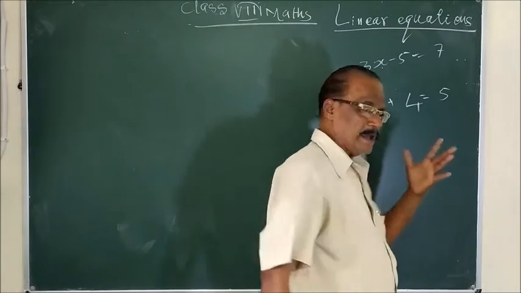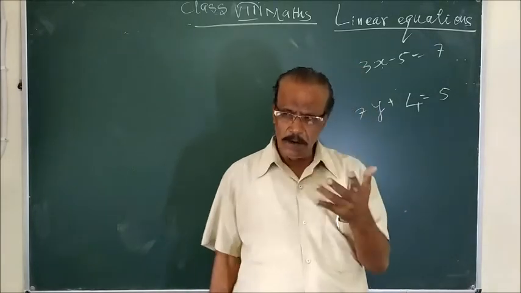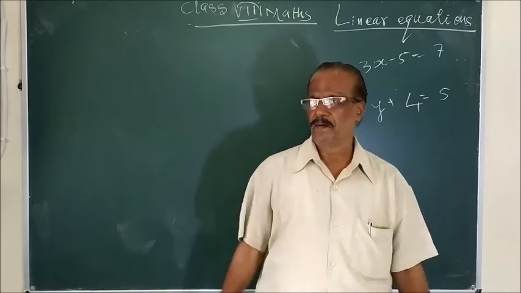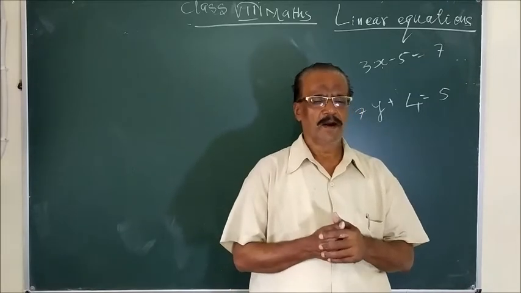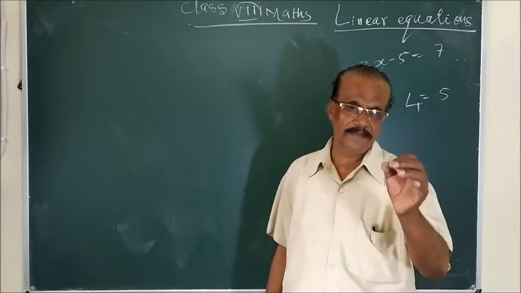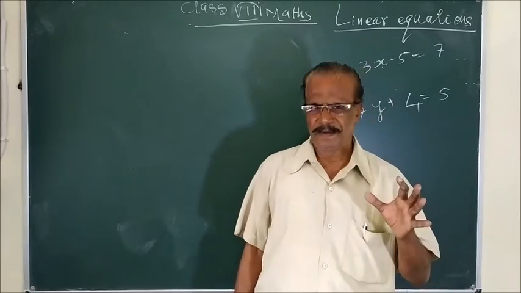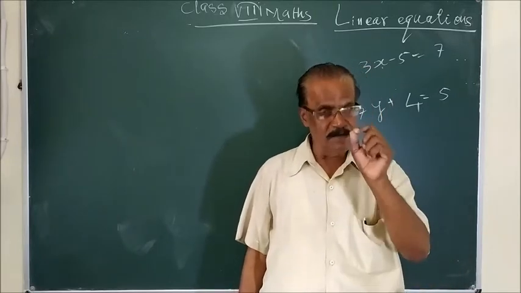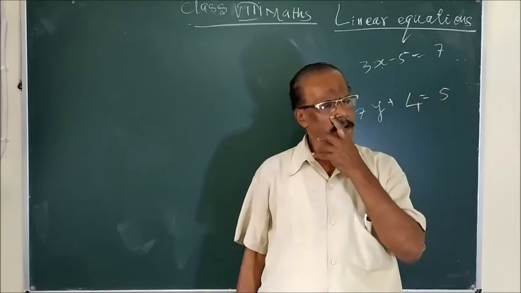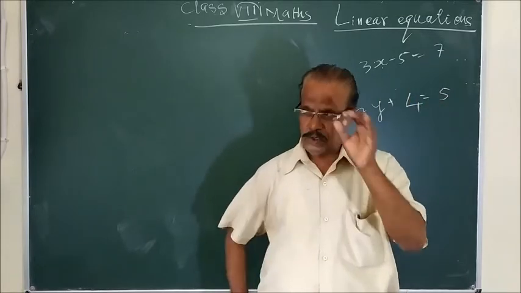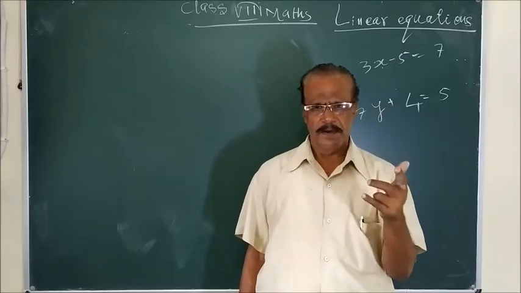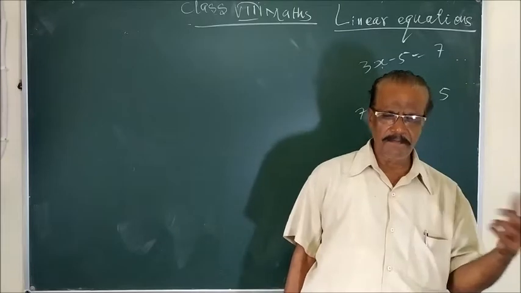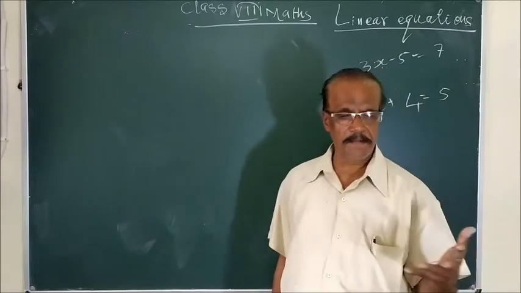And solving the equation means whatever the variable is given, you have to find the value of that variable. That is the meaning of solving the equation. समझ में आ रहा है? Solve the equation का मतलब हुआ कि whatever the variable, maybe x, y or z or a, b, c.